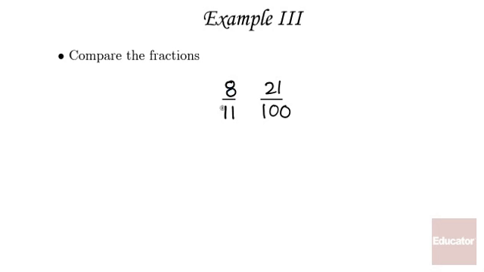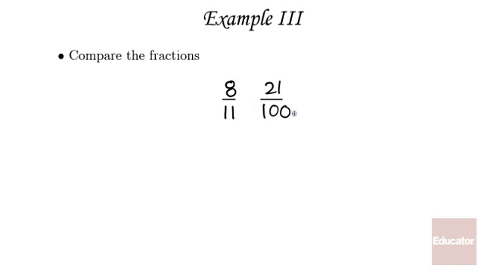I know about 5 1/2 is half of 11. 8 is more than half, right? 8 is more than half of 11. Now let's look at this one. 21 over 100. 21 is smaller than half of 100.